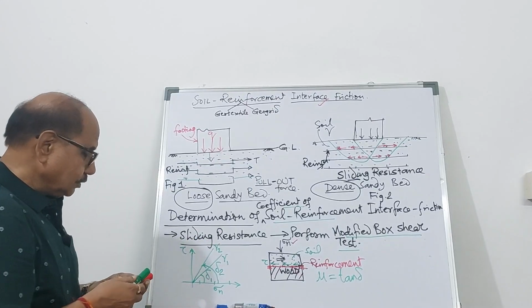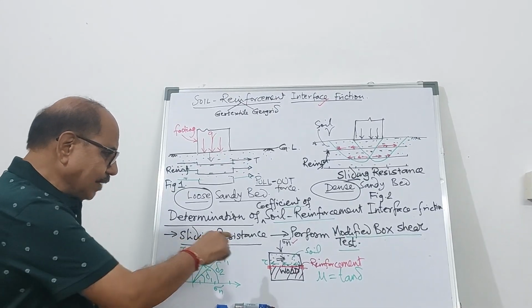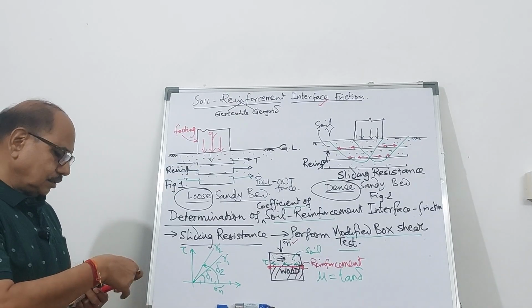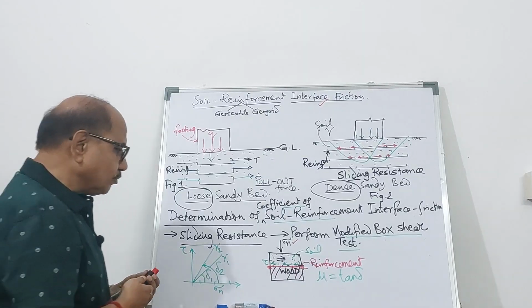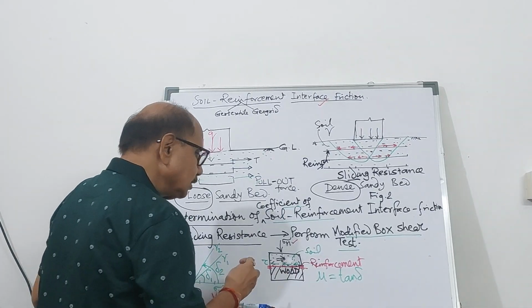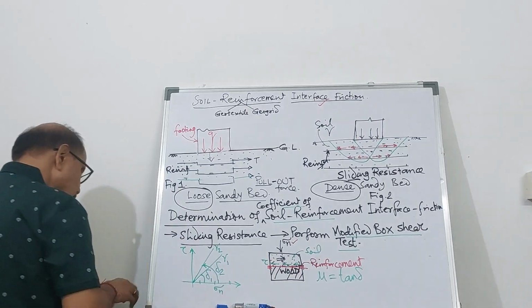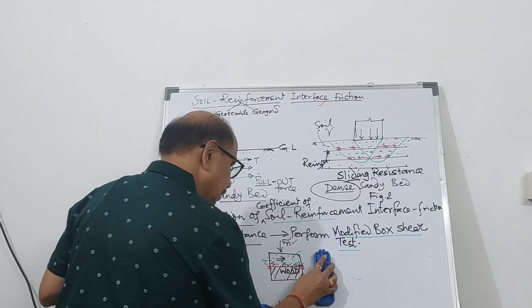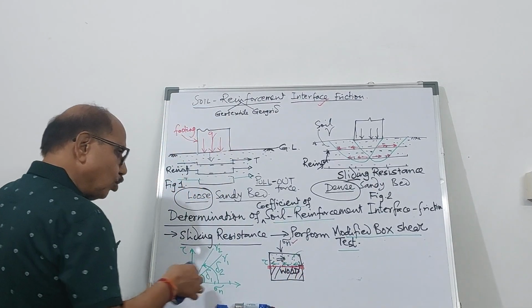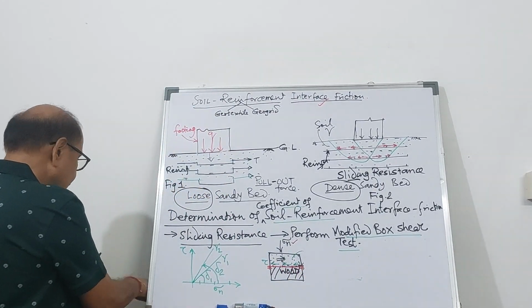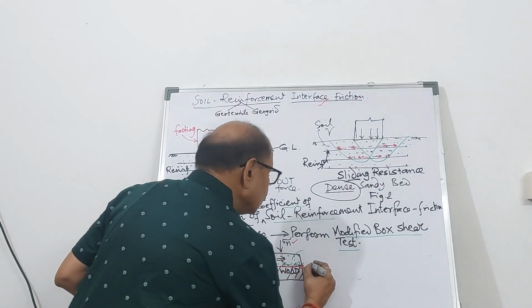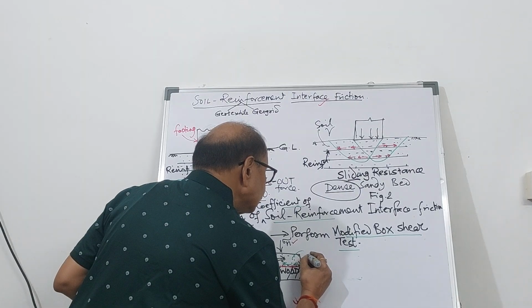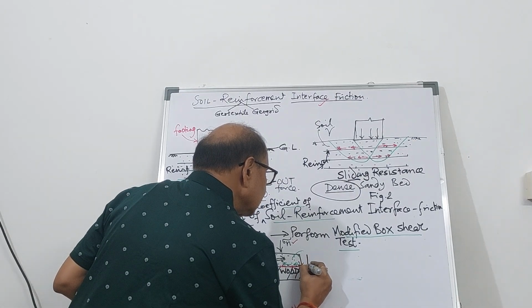Now here, what is the displacement? Where is the maximum displacement of the soil? The maximum displacement of the soil is going to be where? What would be the displacement of the soil in the modified box shear test? Now, the maximum movement is on the top.